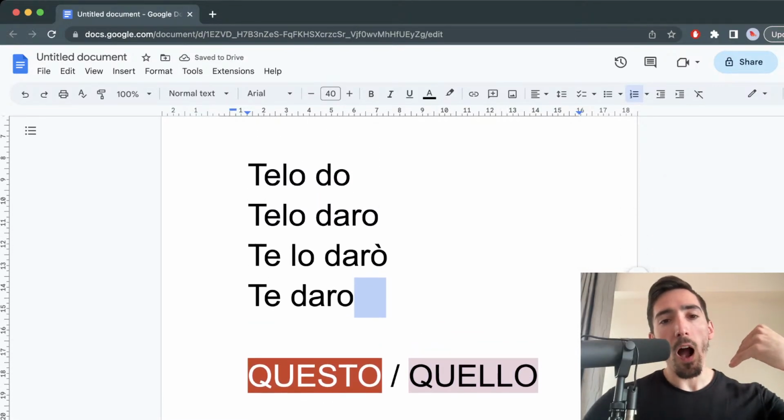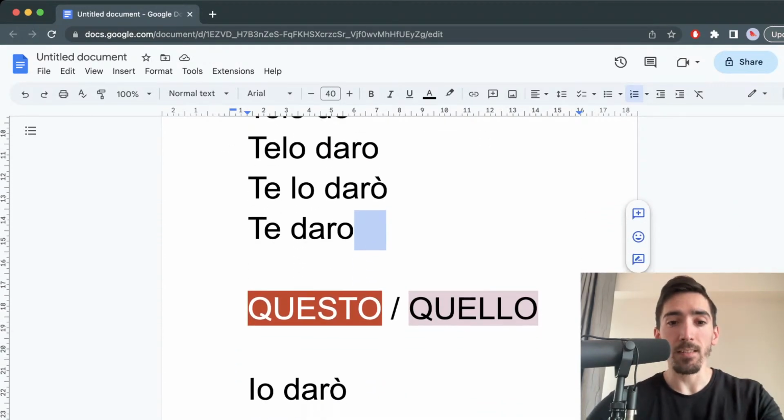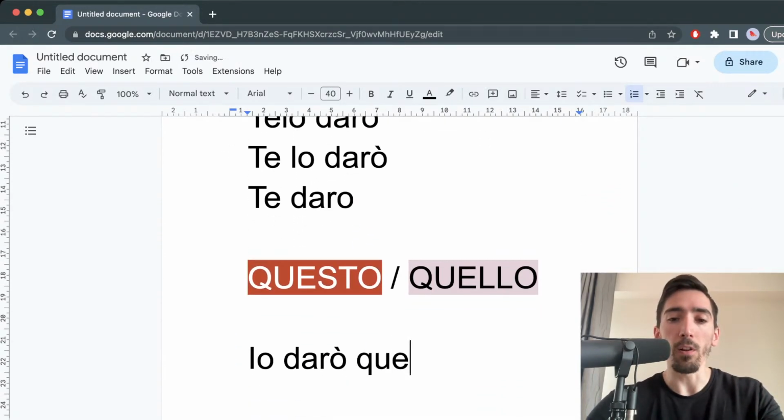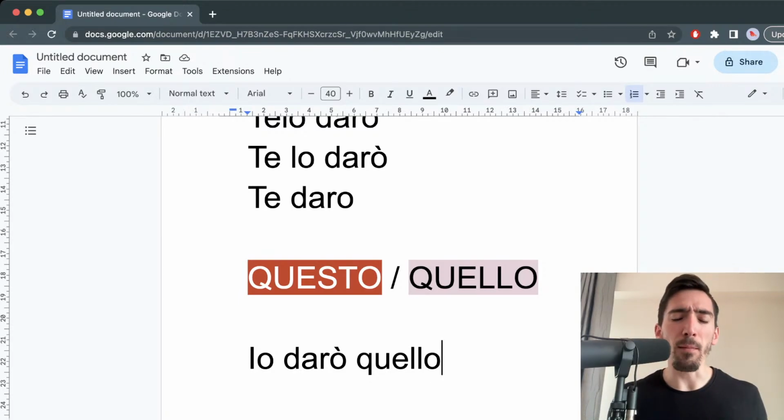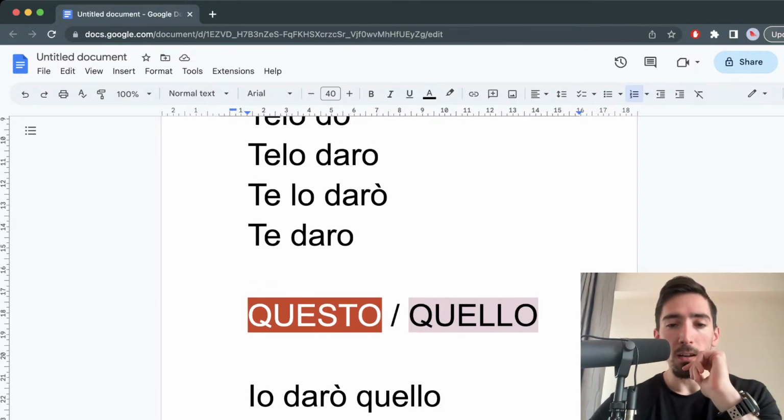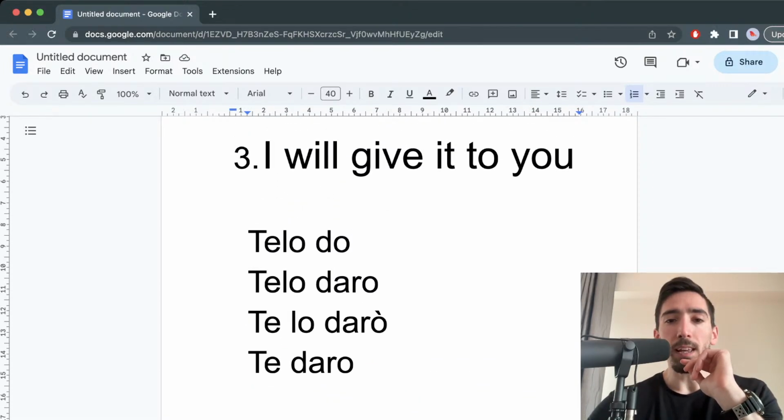So, I will give it. Io darò quello. Io darò quello. And of course, it could be feminine. So for example, I could give something to you that is feminine, for example, a bottle. Io darò quella. But let's just keep it simple. Stick with the masculine for now to understand this topic. Io darò quello. Io darò quello. I will give it to you.